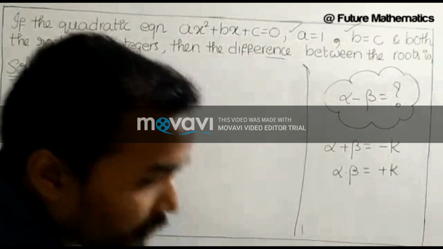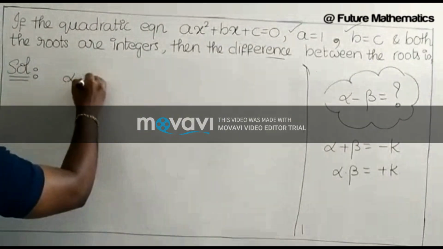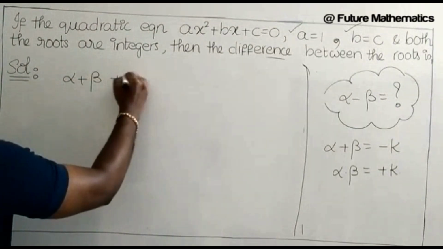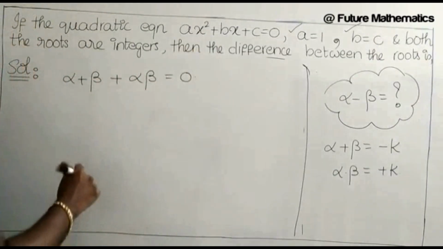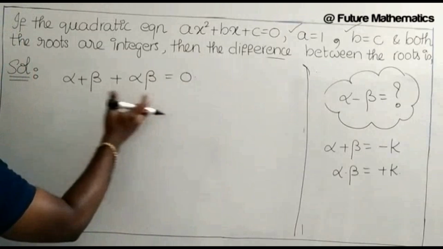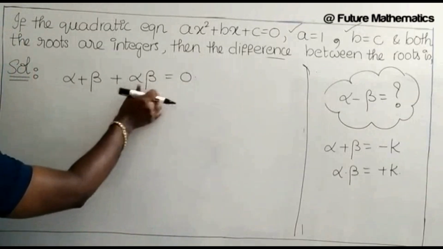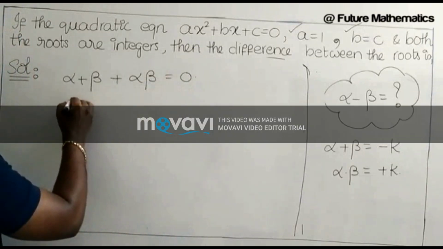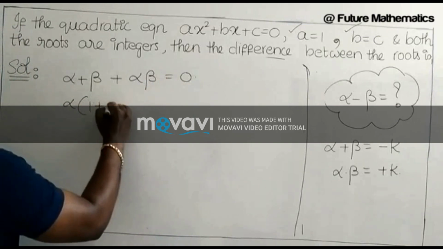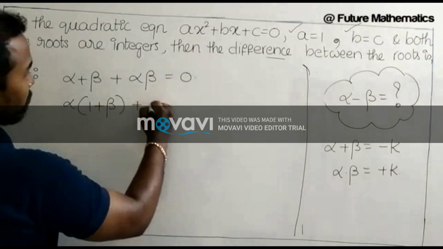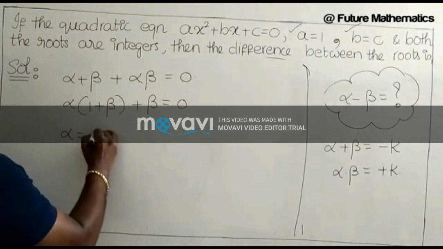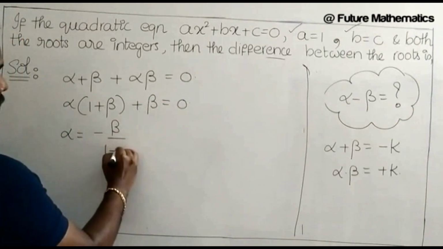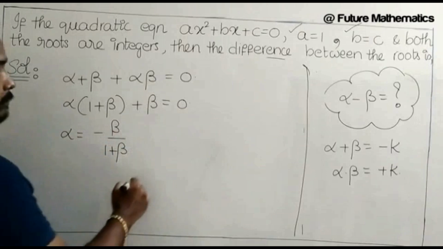Let's try to add these two. Alpha plus beta plus alpha beta is equal to 0, because you see minus k plus k equal to 0. Now I can take alpha as common. I would get alpha into 1 plus beta equal to 0. So now alpha is negative beta by 1 plus beta.